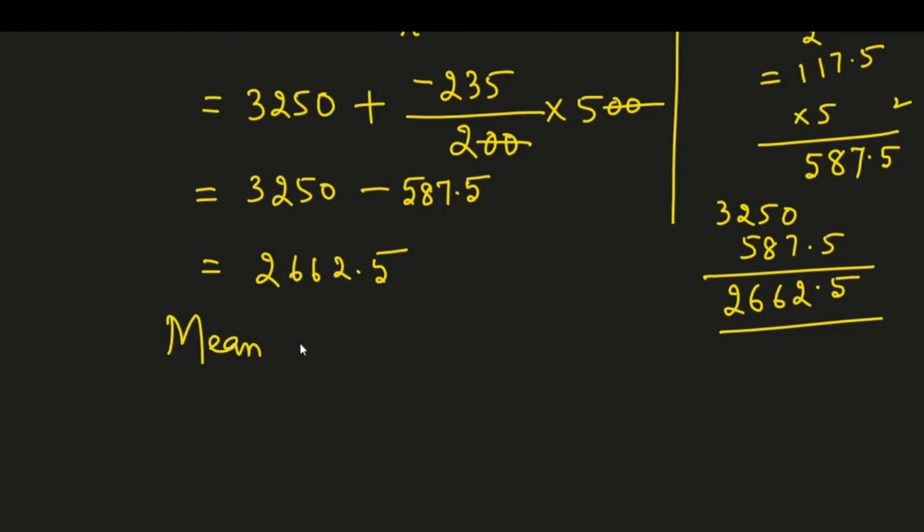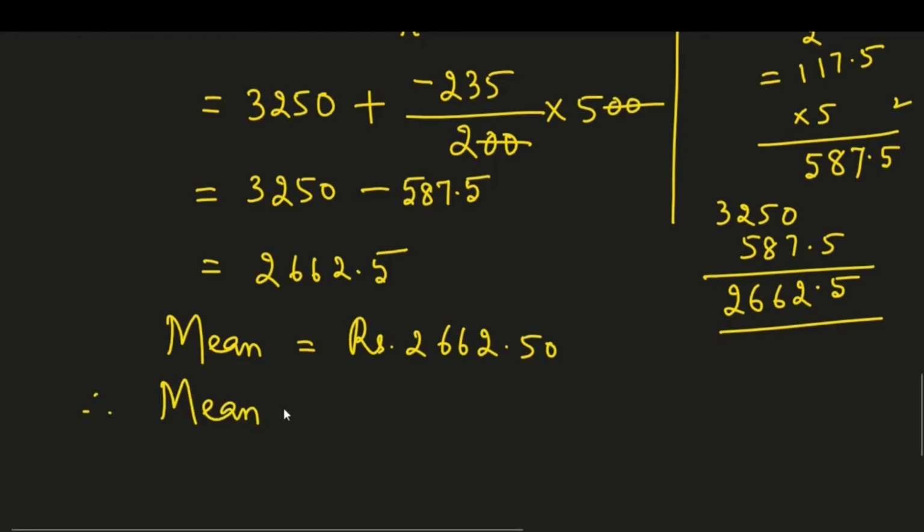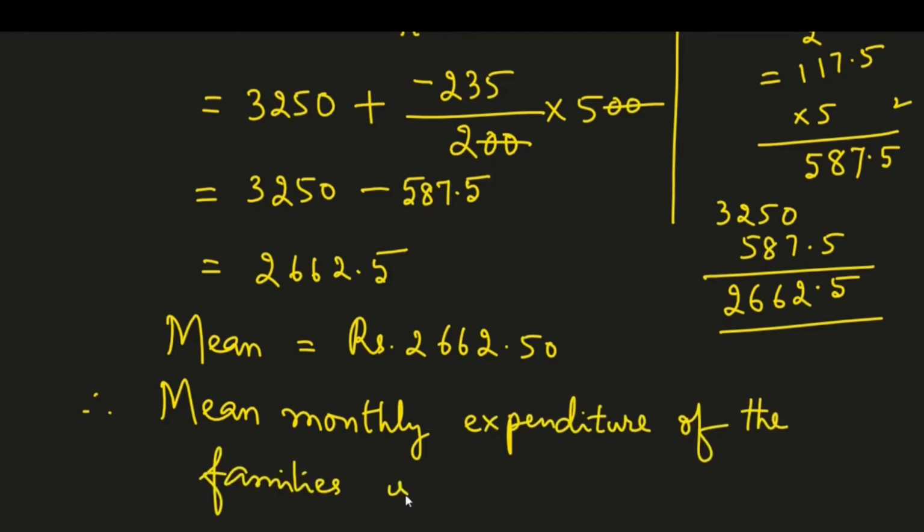Mean is equal to rupees 2662.50. Therefore, the mean monthly expenditure of the families is rupees 2662.50. See you in the next video.